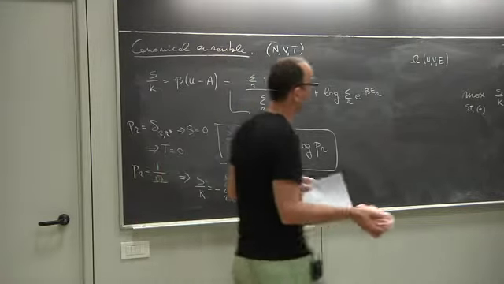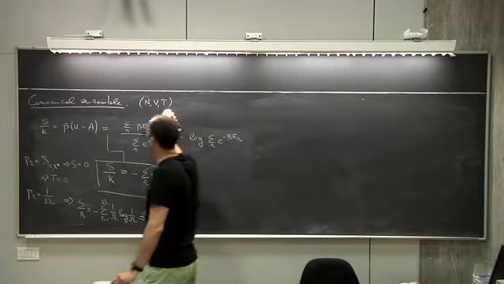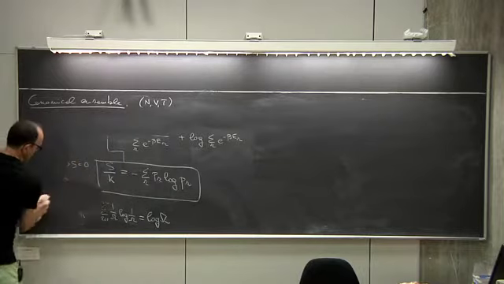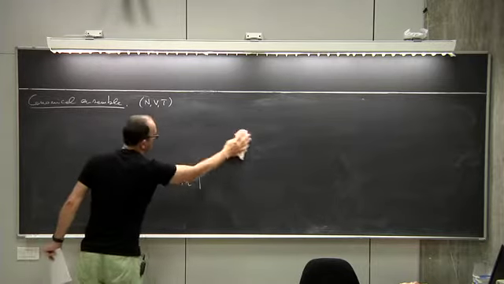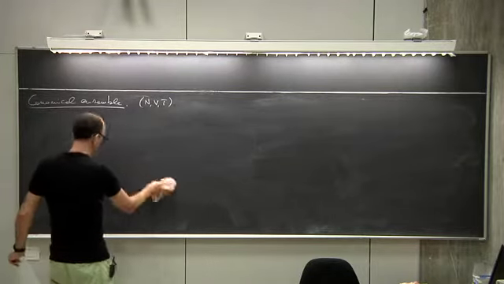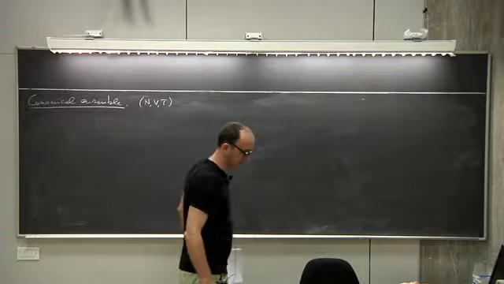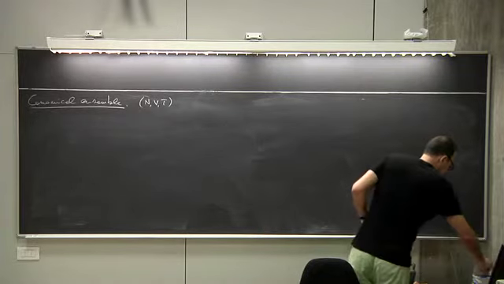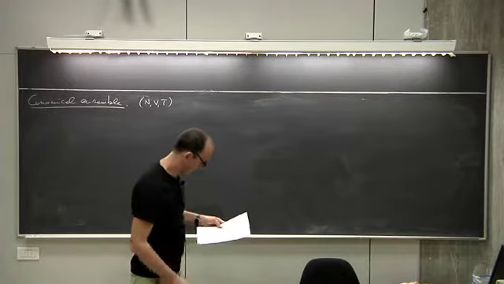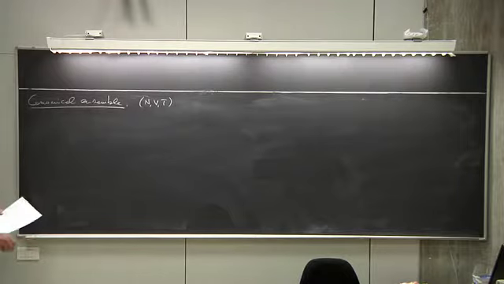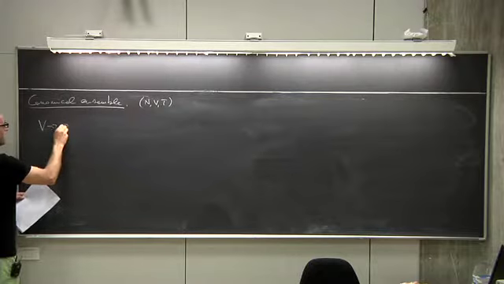Okay, so we have seen how to relate the canonical ensemble with physical properties, how to compute thermodynamic properties. So I want to mention another thing: when the volume goes to infinity.